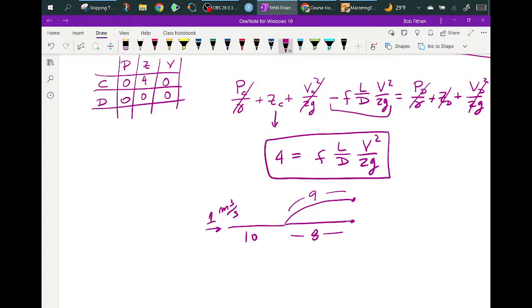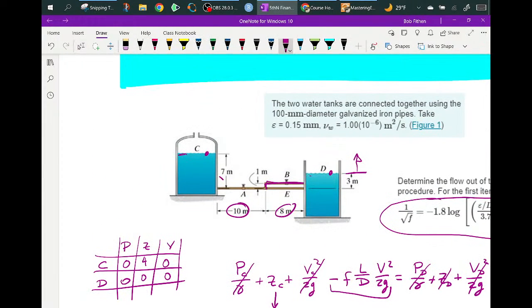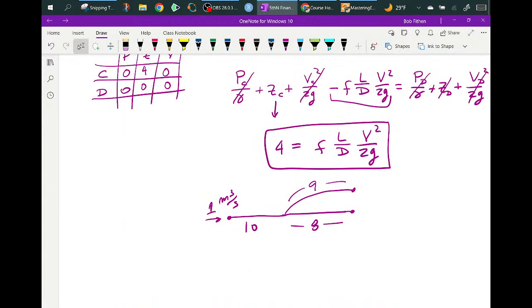What is legitimate is that you can go through either one of these pipes to get to D in the Bernoulli's equation sense. But you're going to lose energy going through either pipe.